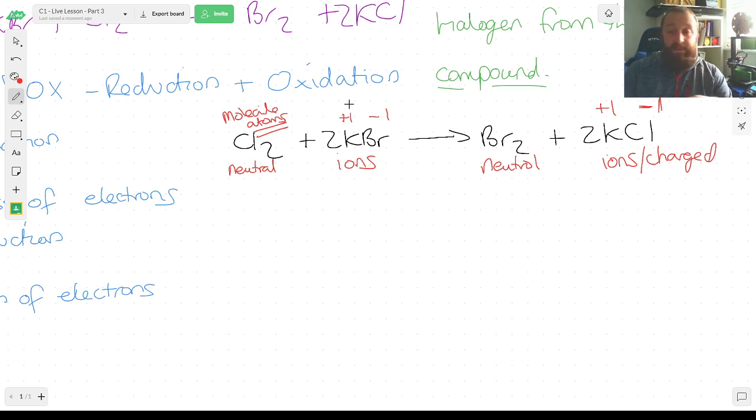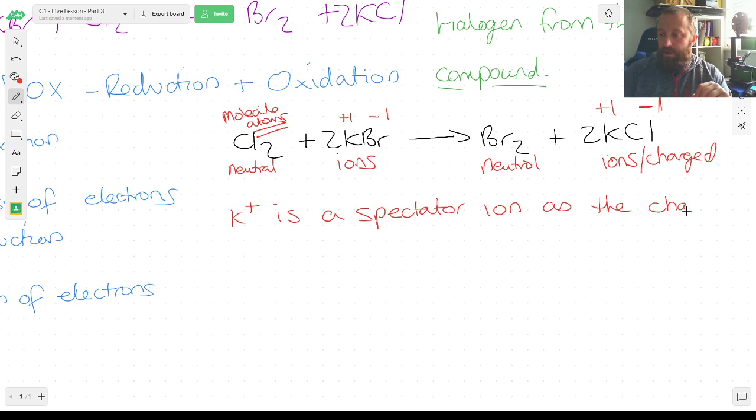So the potassium doesn't change charge at all. Potassium is a spectator ion, as the charge does not change. So we can effectively ignore it when we're looking at electron transfers.